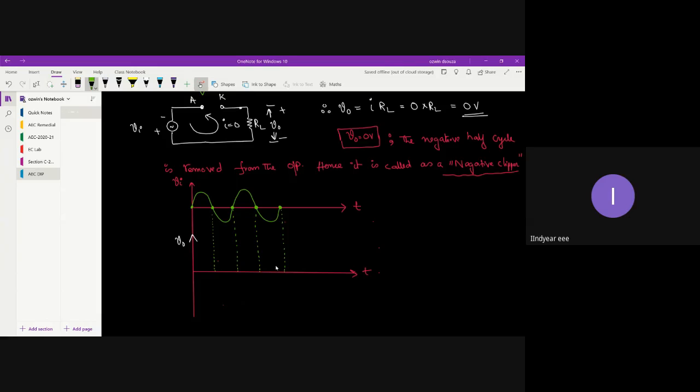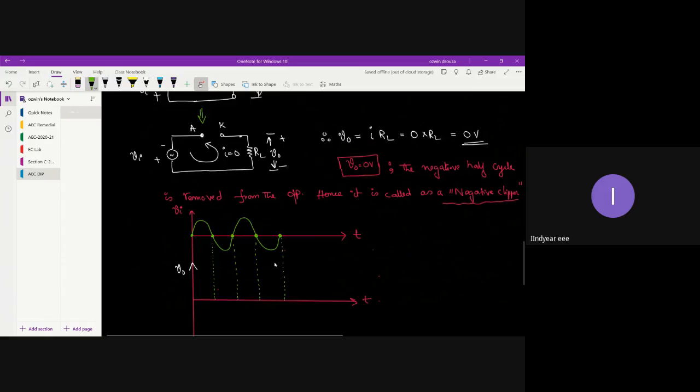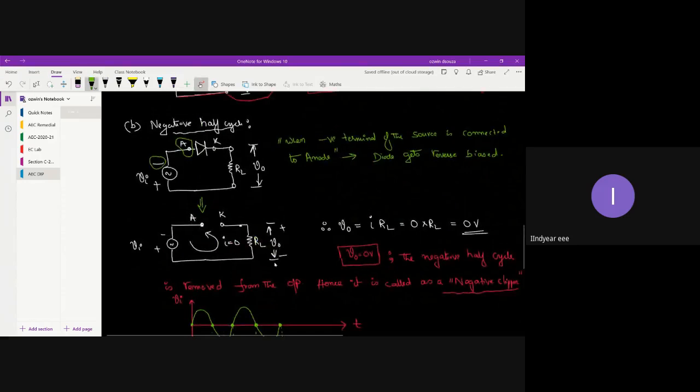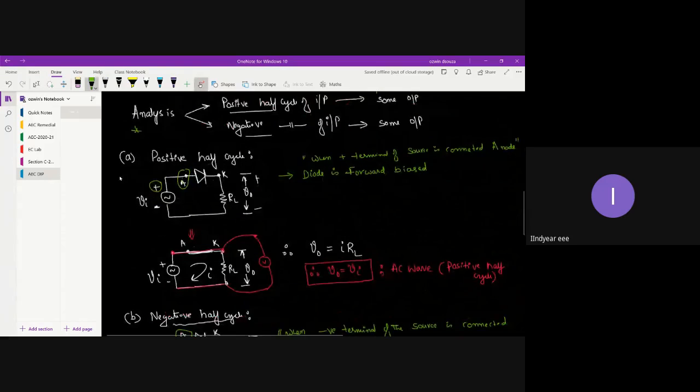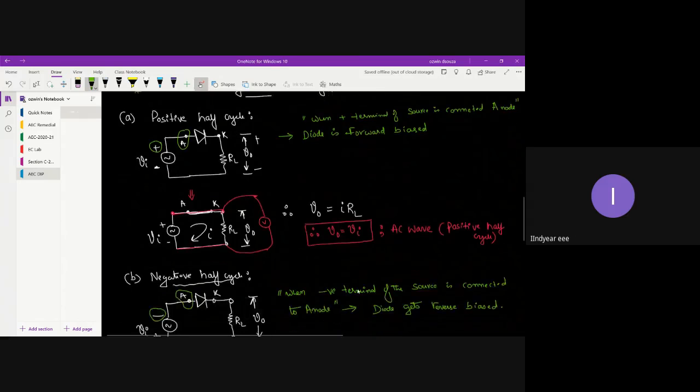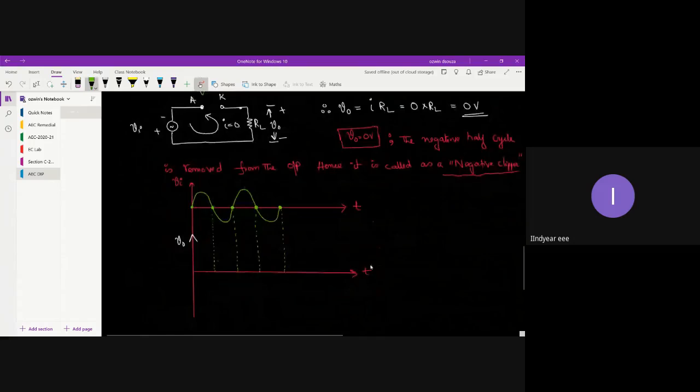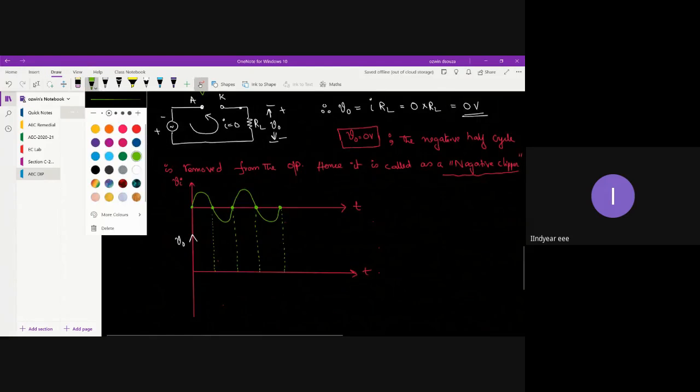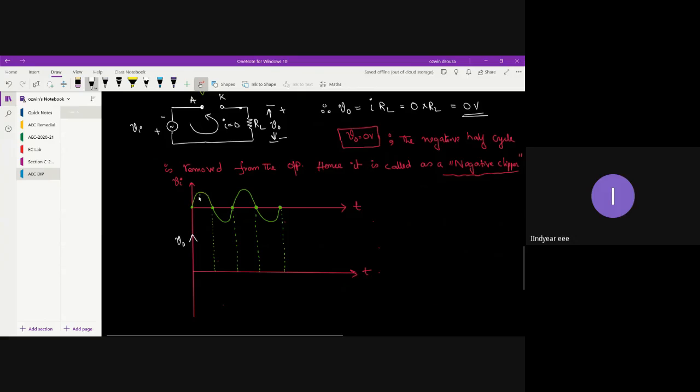Now we need to draw the output. So how do we draw the output? In order to draw the output, we have to go back to our analysis. So for the positive half cycle, what is your output? For the positive half cycle, output is I into RL, which is nothing but the positive half of the input itself. So for the positive half cycle, output will be the replica of the positive half cycle of the input.